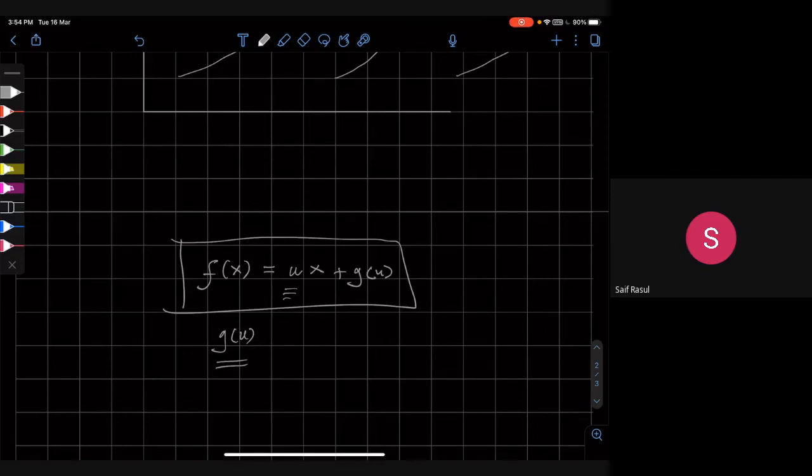If I fix a value of u, then you can see that g does not change.